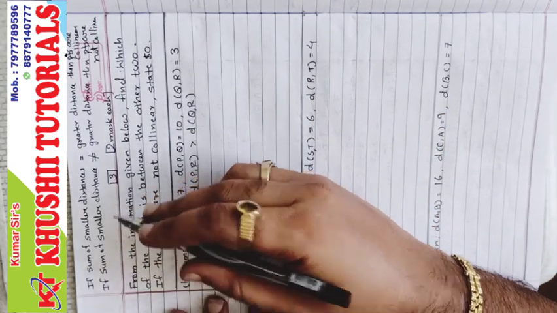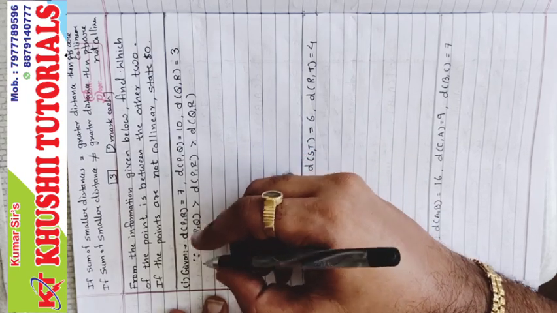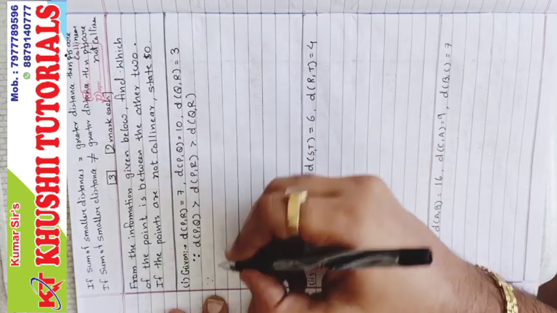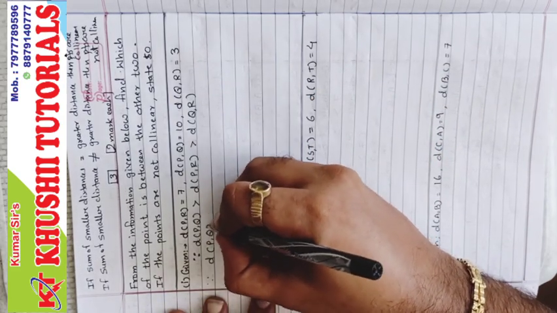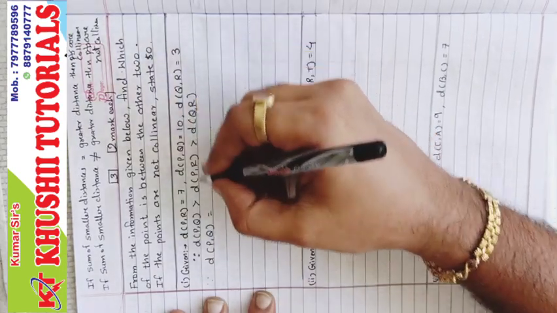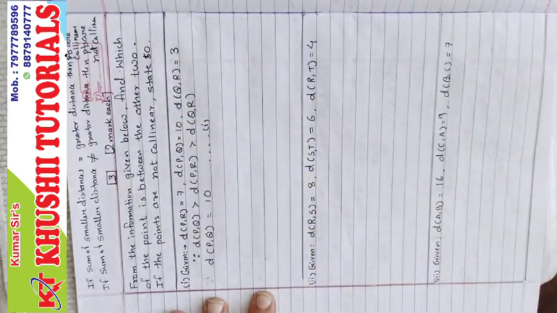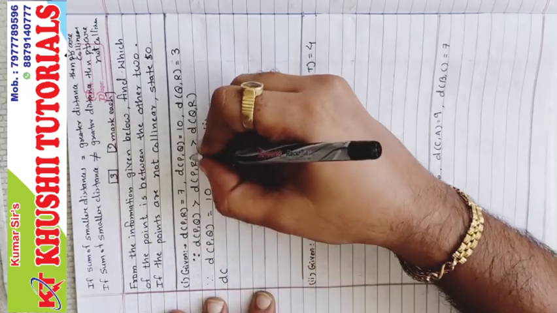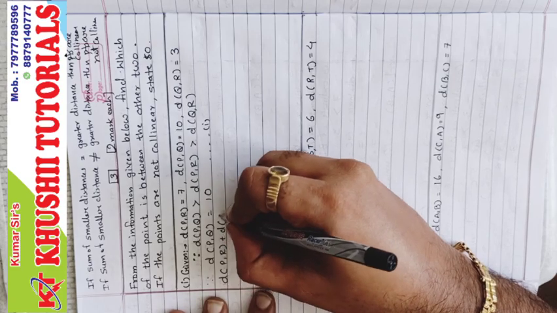Now, the sum of the smaller distances. What do we have to do? First we'll write the greater distance. The greater distance P comma Q is 10. We will mark it as 1. Now the sum of the two smaller ones, distance PR plus distance QR.